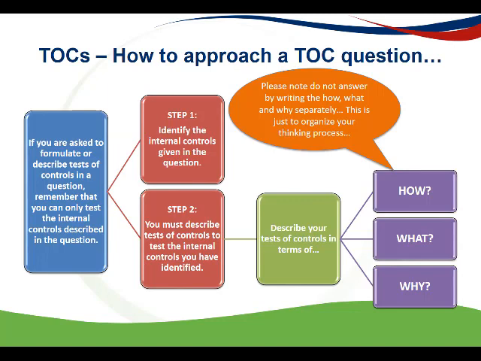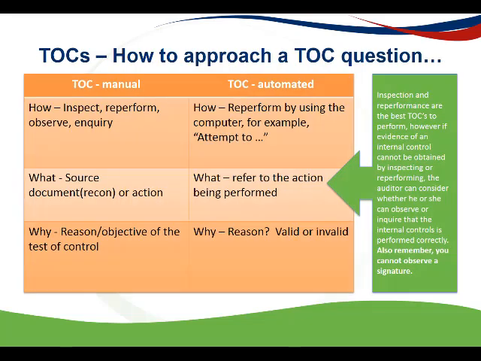How do you approach a test of control question? The first step will be to identify the internal controls given in the scenario. Your second step will be to describe the test of controls to test the internal controls that you have identified. You will describe your test of controls in terms of how, what, and why. When we look at your manual test of controls, the how will refer to the verb, for example, inspection, reperformance, observation, or inquiry.